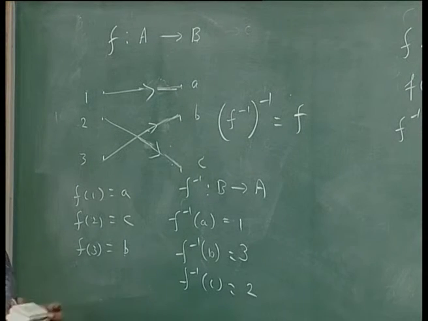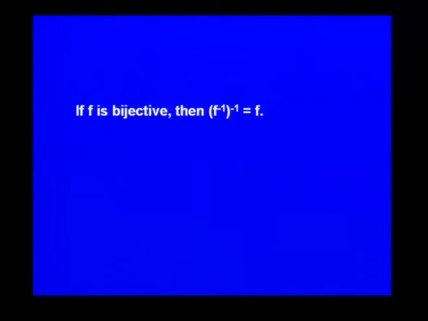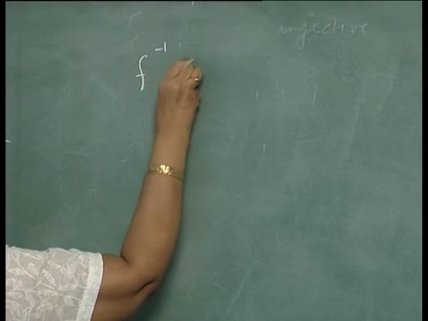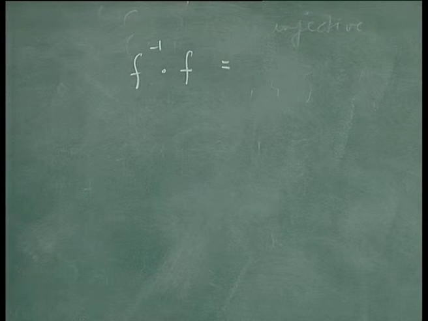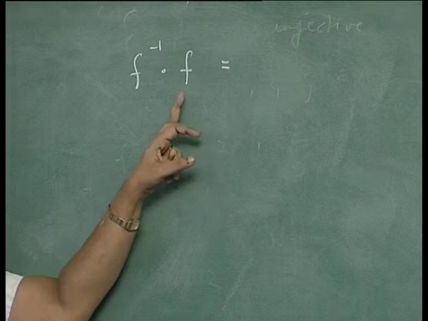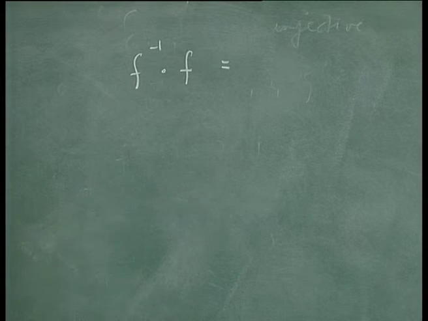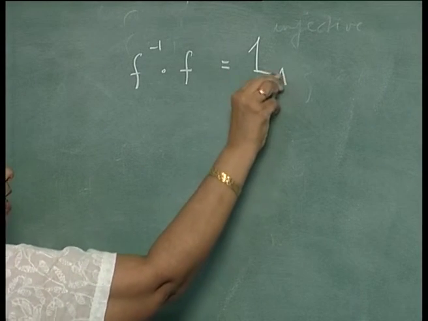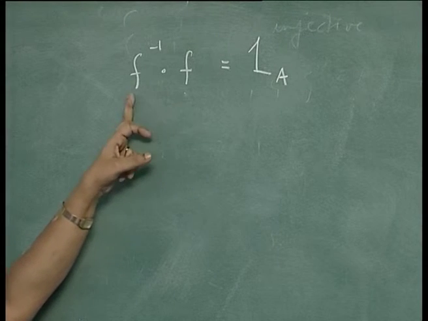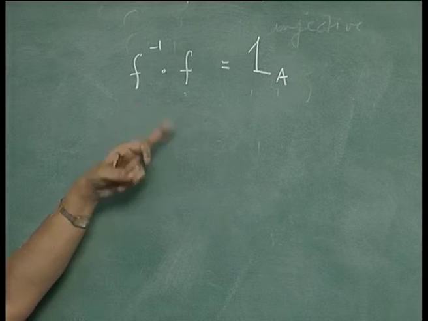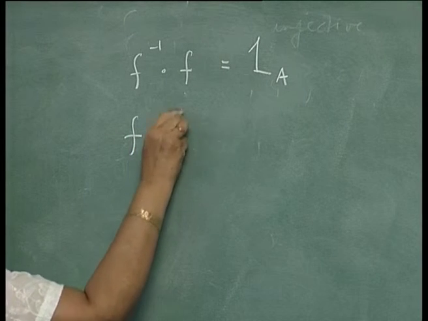Now, how do we represent what is f inverse f? So, you know that f inverse f is the identity function, but on what? f is from A to B, f inverse is from B to A. So, f inverse dot f will be an identity function on A, because this is from A to B and this is from B to A. But what can you say about f inverse?